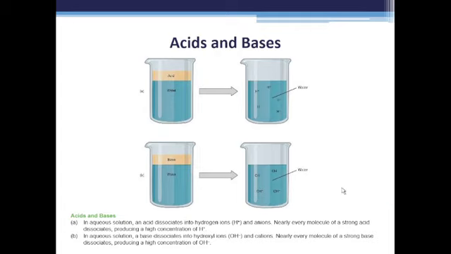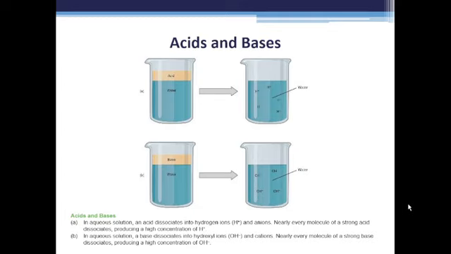So, importance to the body. Hydrogen ions are very, very reactive. Too many hydrogen ions can break chemical bonds. It can alter protein shape, which can be very dangerous. It can disrupt enzyme activity. Meanwhile, too few hydrogen ions can also disrupt normal cellular function.